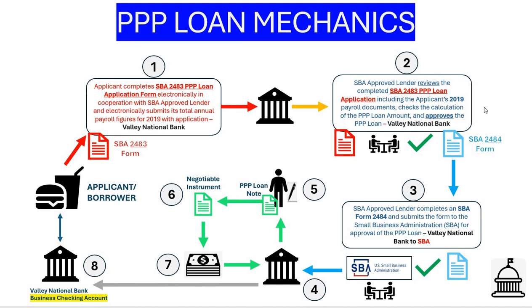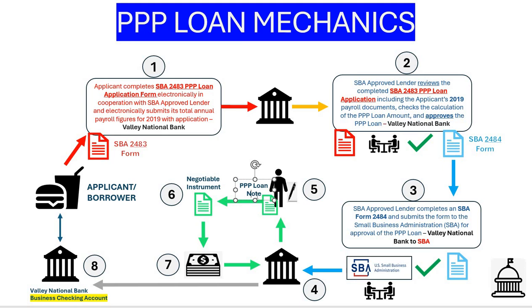By the way, in the entire electronic process whereby the PPP loan notes were created by the banks, an SBA loan number was created. This was done electronically when the borrower signs the PPP loan note.